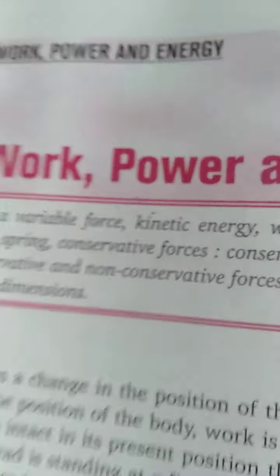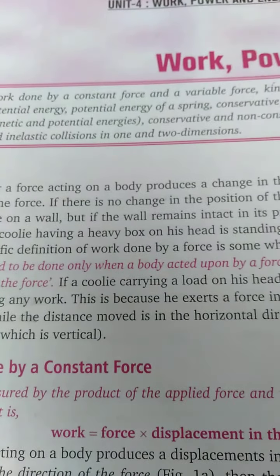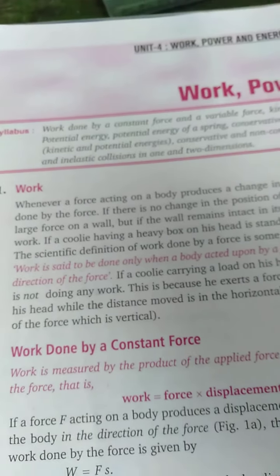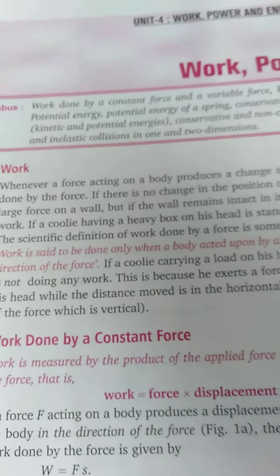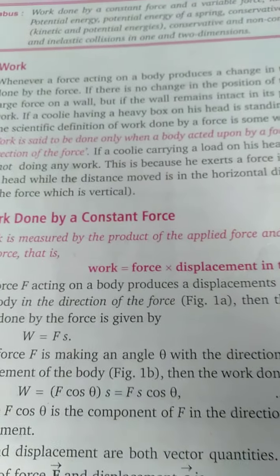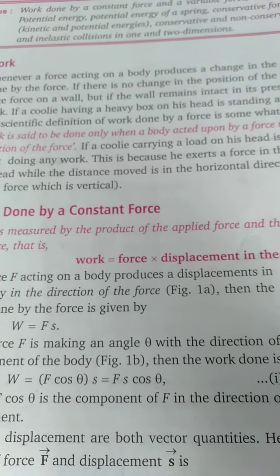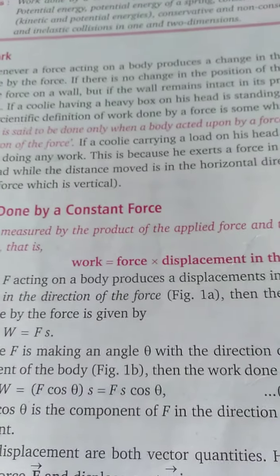So if there is no displacement, suppose you push the wall or any standing truck and there is no displacement, it means that no work is done, because work means the force applied on the body must produce some displacement, then only work will be said to be done.